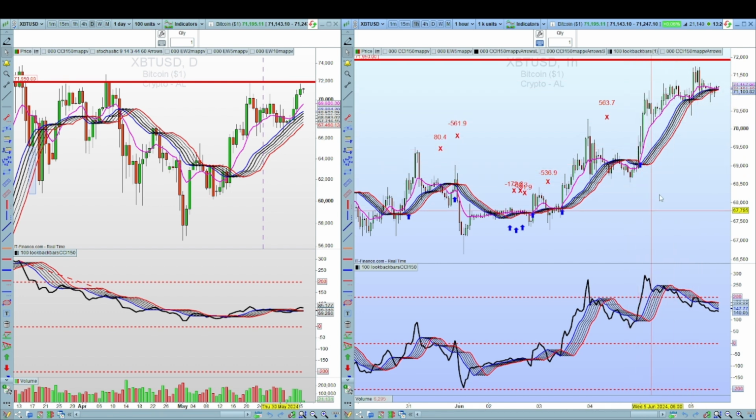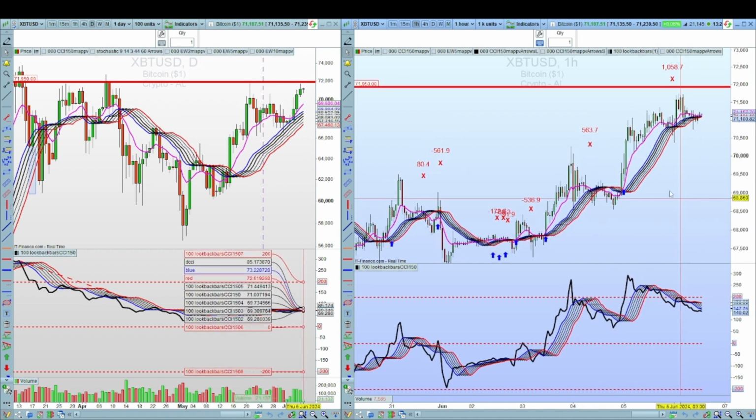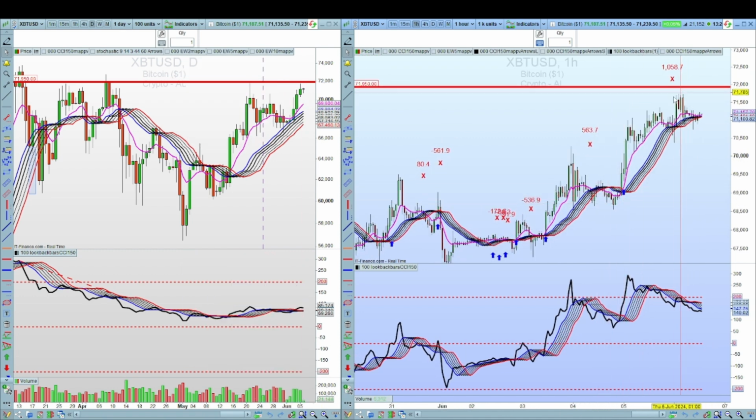But at the moment, according to this little strategy that I've included here, oh, there we go, sorry, open there, and it closed it out when it broke below the moving averages there. So it generated 1,058 points in that little trade there. So currently wait for it to break to the upside before taking the long trades, and preferably break above this resistance at 71,950.